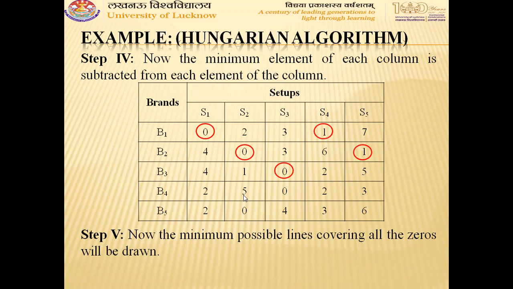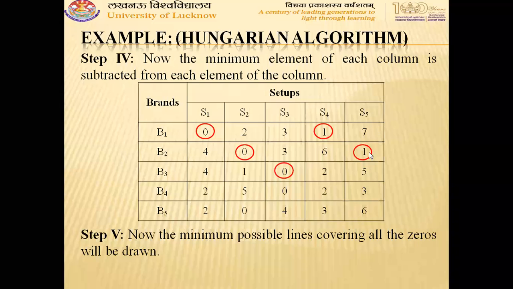Now this 0 is subtracted from each element of the column, so there will be no change. Similarly, in second column, there will be no change, and in third column, there will be no change. In fourth column, 1 is subtracted from each of the element in the column. So we would get 0, 5, 1, 1, 2.